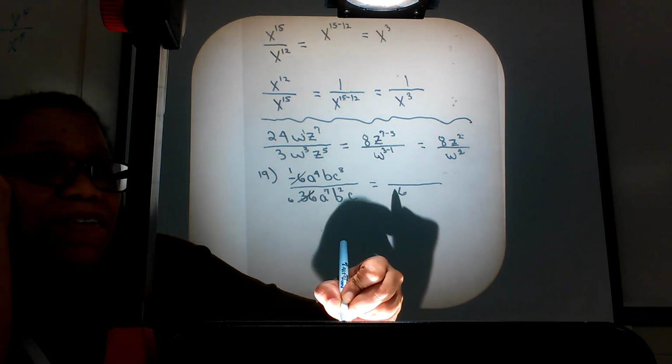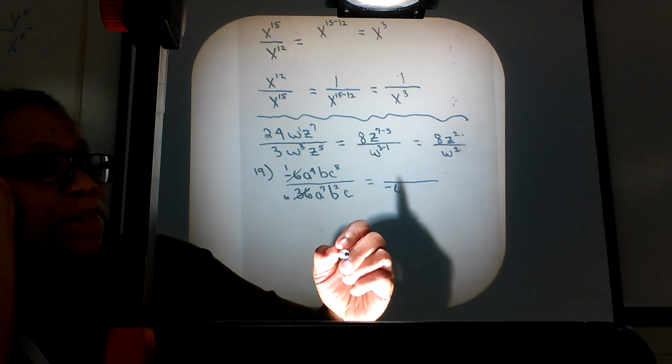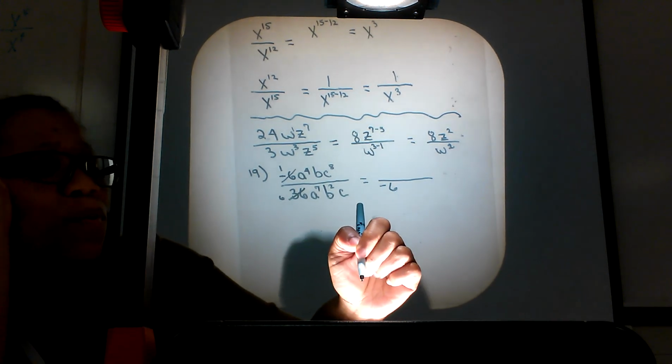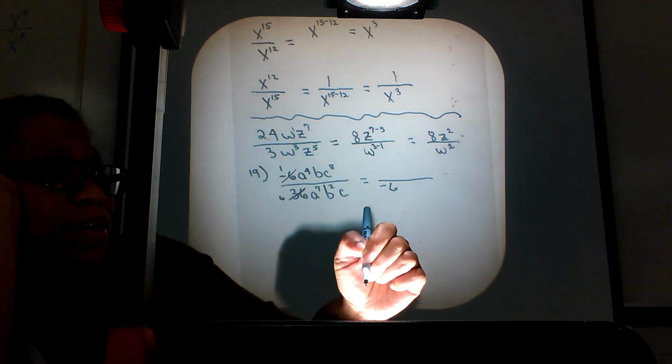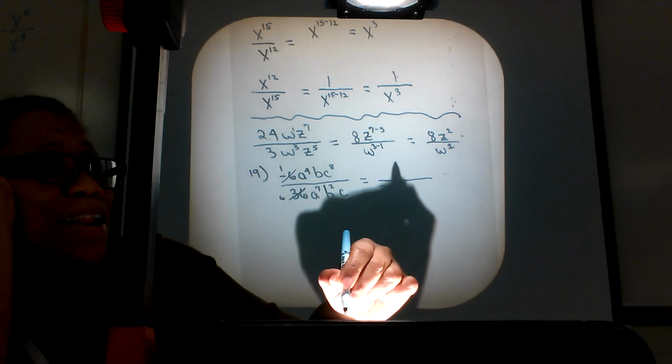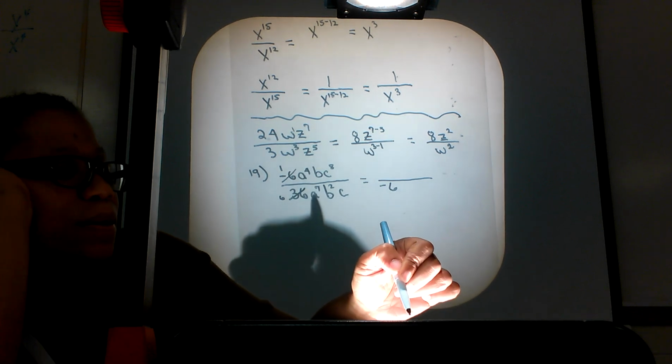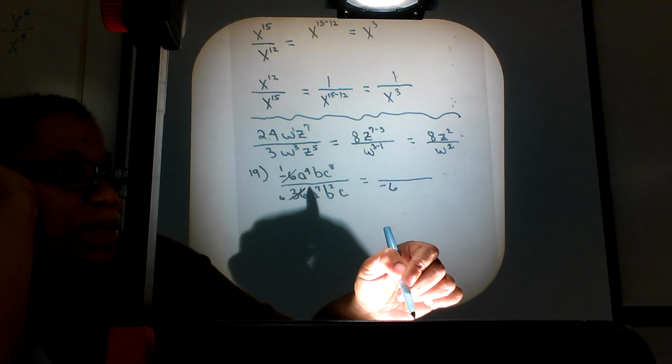And I can put the negative here if I want, or I can put the negative up here with the 1. I'm going to put it with the 6. I'm not even putting my 1 up here yet. If it comes up empty up here, I know I have to have a 1 on top, correct? Right. But let's see what's going to happen.